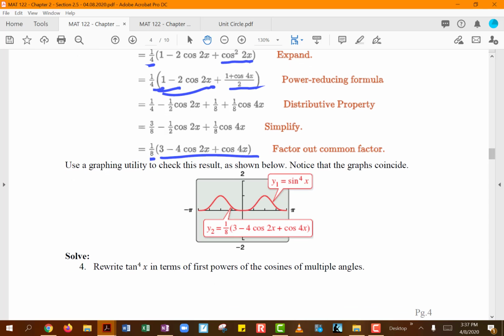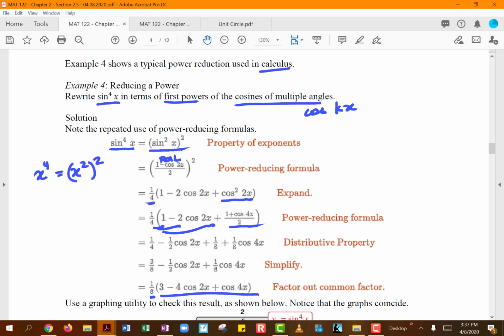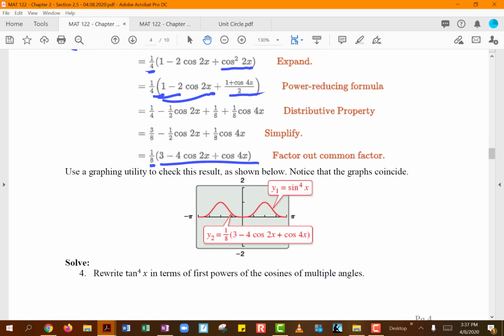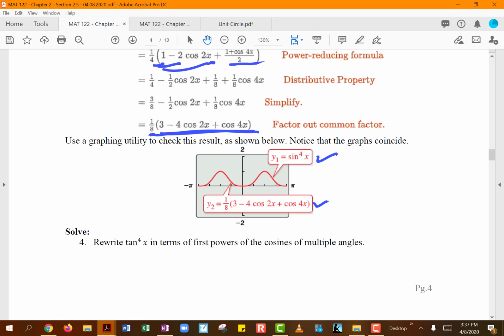And again, the graph is just showing you if you took this original sine to the fourth power of x and graphed that, and you took this last part that we just came up with and graphed that also, your two graphs are going to be exactly the same. So this is to show you that both sides of your equation are exactly the same. Do not worry about the graphing portion. You are not required to do that.